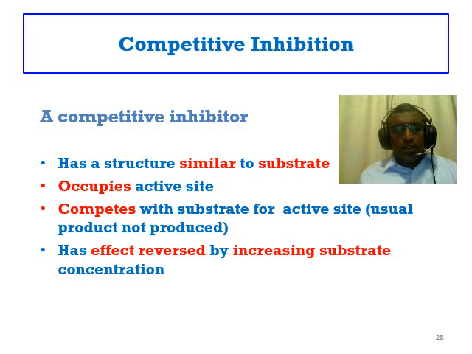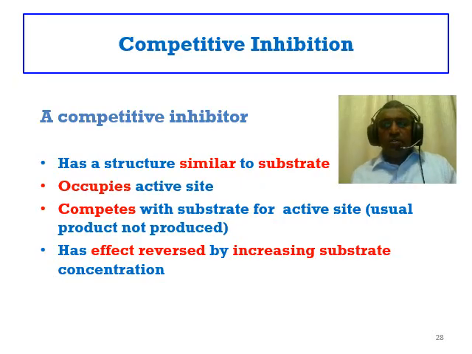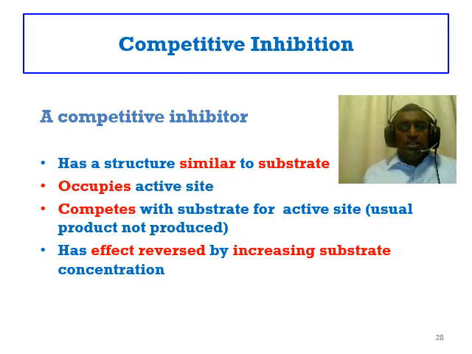So let's look at the reversible inhibitions. Firstly, the competitive inhibitor, where, as I already explained, it looks at the active site, and if it finds the active site, therefore it inhibits. There is one way for you to overcome this inhibition of the enzyme, by simply increasing the number of substrates.